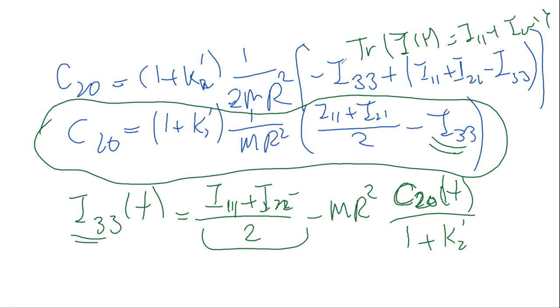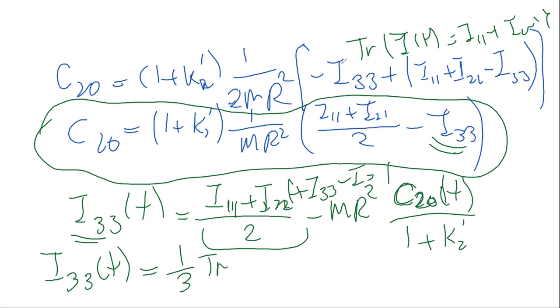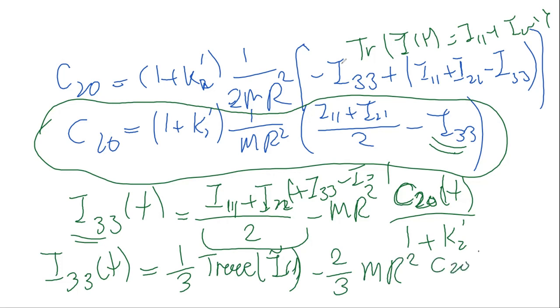After adding and subtracting from this equation, I can simply write that the third moment of inertia is 1 over 3 the trace of the tensor of inertia, minus 2 over 3 M R squared C20 over 1 plus k2.